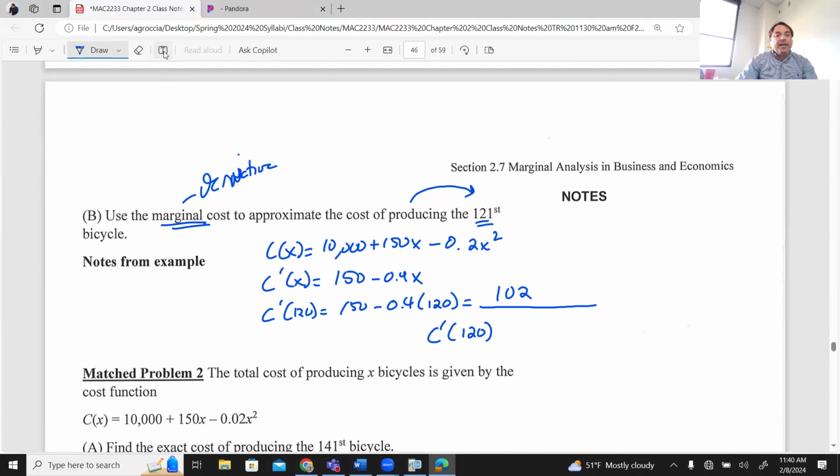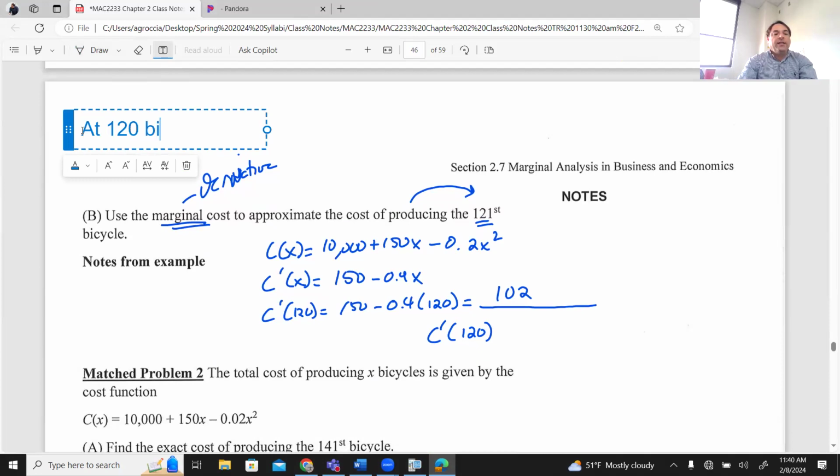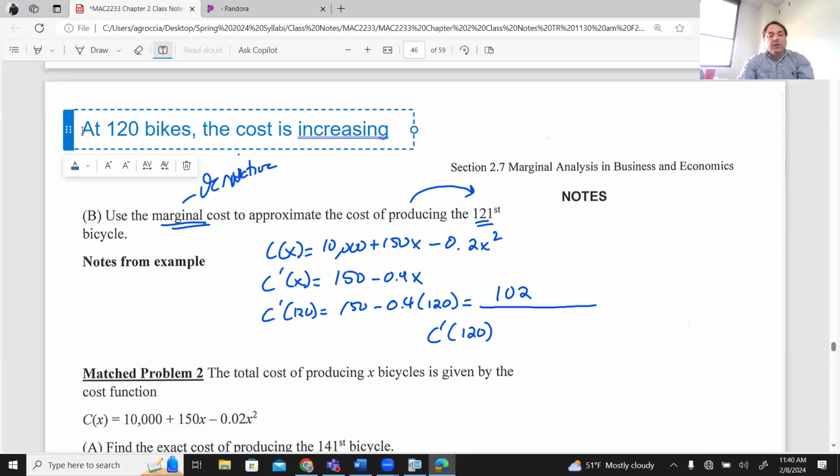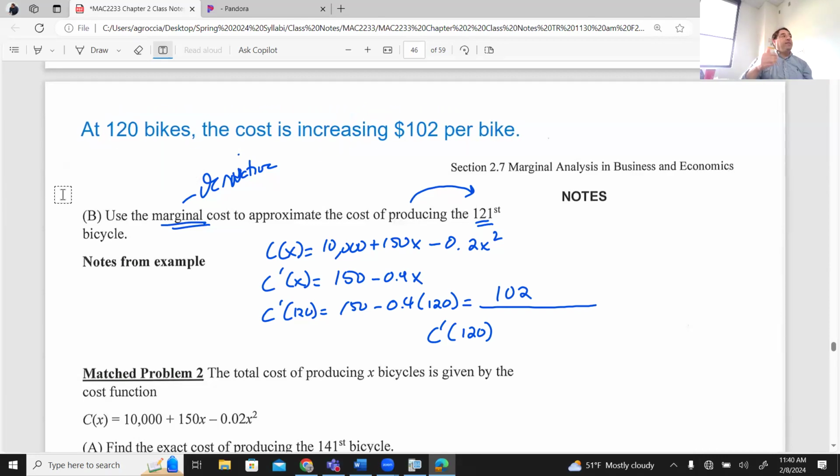The way I like to write it for this one is I would put, at 120 bikes, the cost is increasing $102 per bike. That reminds you that this is a rate of change. Cost per bike. It's how it's changing. We've stopped at 120, the cost of the next bike.